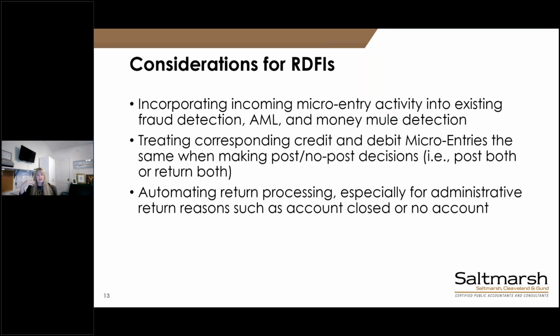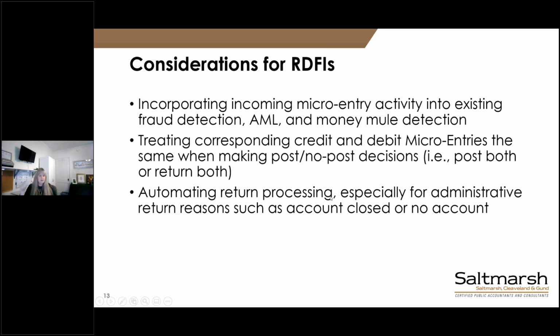So it's a consideration to return the credits and debits the same way, treating them the same. Then, as far as automating return processing, especially for administrative return reasons such as account closed or no account, I know at a lot of the institutions that I audit this is a very manual process when they're doing exception handling.